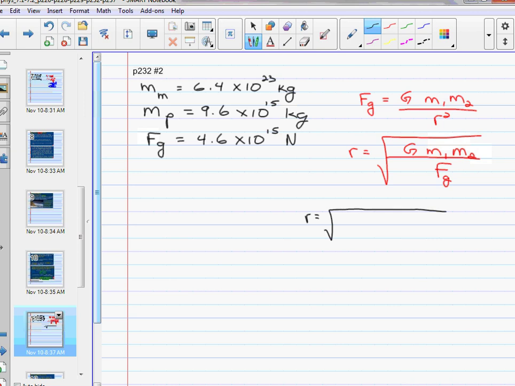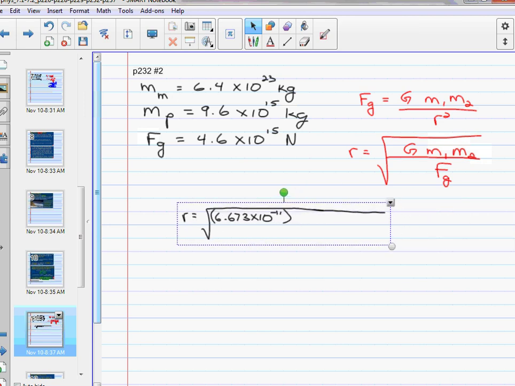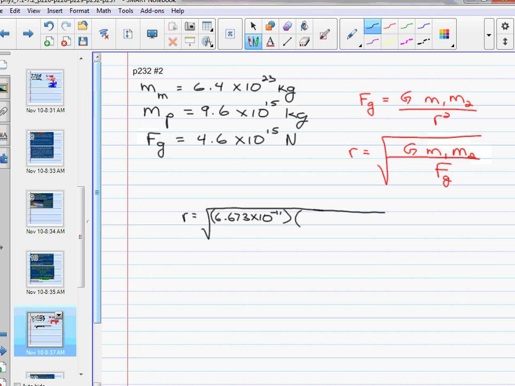I think they gave us some numbers. 6.673 times 10 to the negative 11. Need some more space than that, I think. These numbers are kind of big. Mass of one object, 6.4 times 10 to the 23rd, and 9.6 times 10 to the 15th.